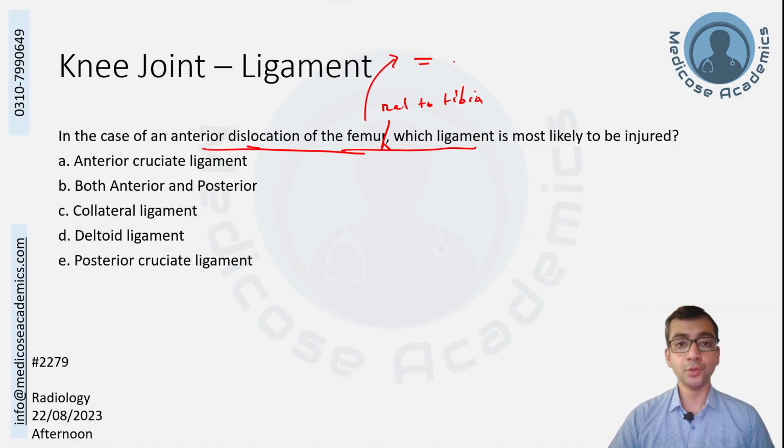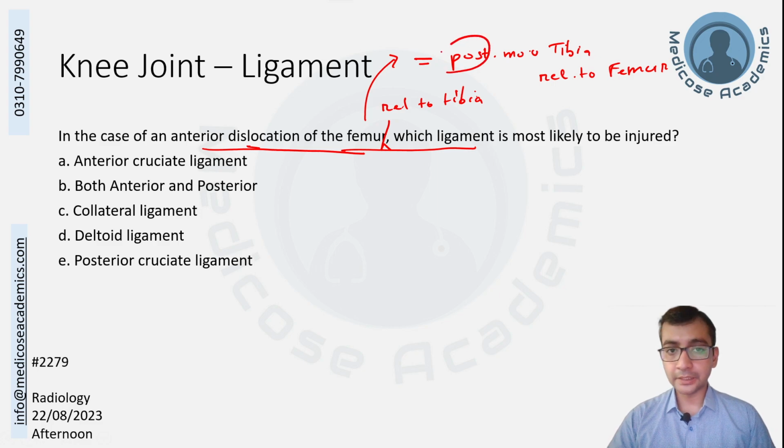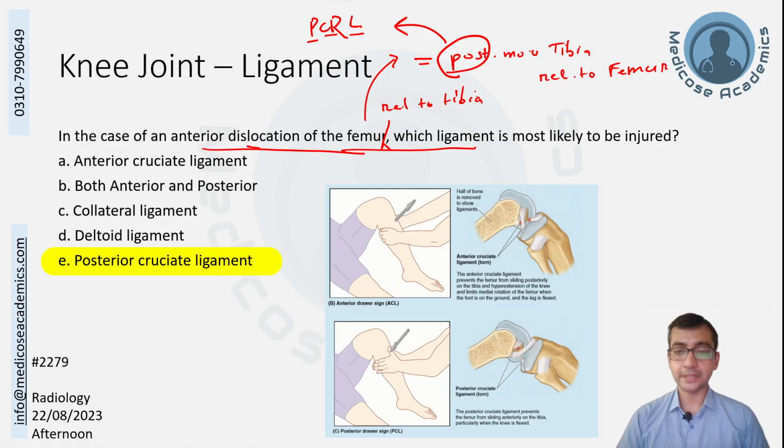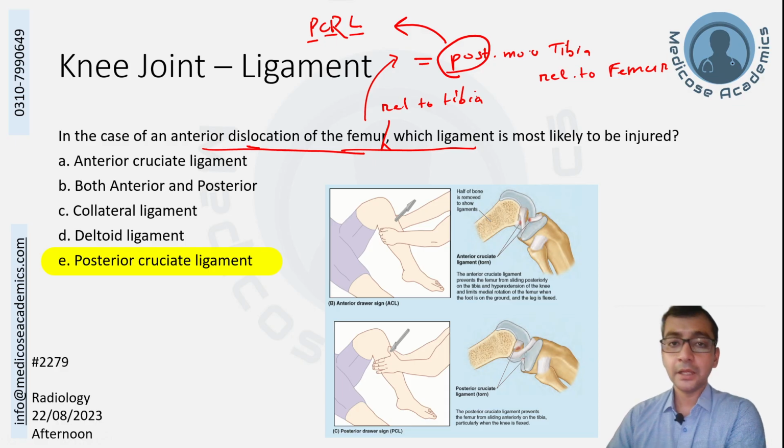This is equal to posterior movement of the tibia relative to the femur. When we are talking about movement of the tibia, this gives the right answer. This means the injury is in the posterior cruciate ligament. So here is the right answer. That is the posterior drawer sign.